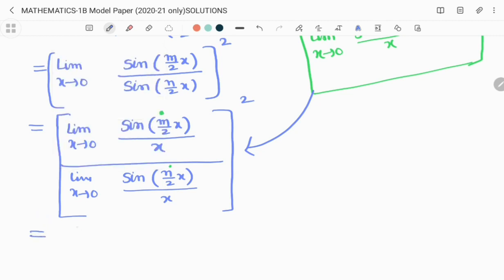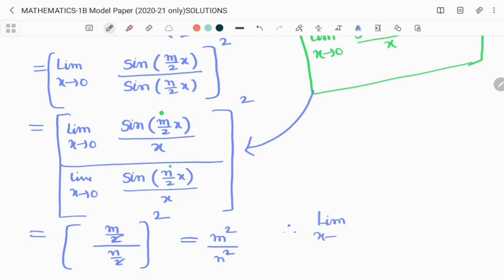So which is equal to m by 2 in the numerator, and the denominator value is n by 2, whole square. 2 also gets cancelled, which is equal to m square by n square. Therefore, limit x tends to 0, 1 minus cos mx by 1 minus cos nx is equal to m square by n square.